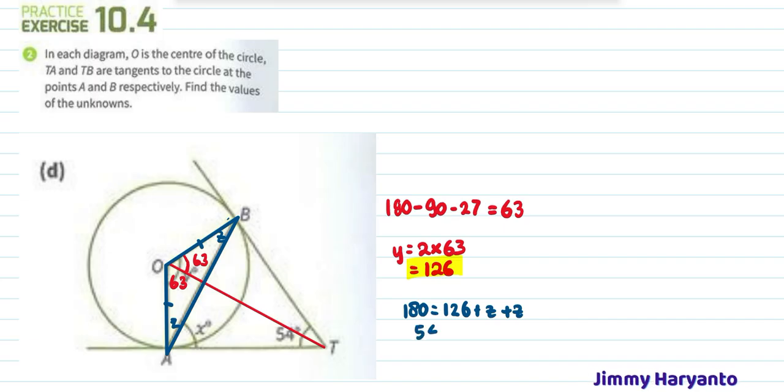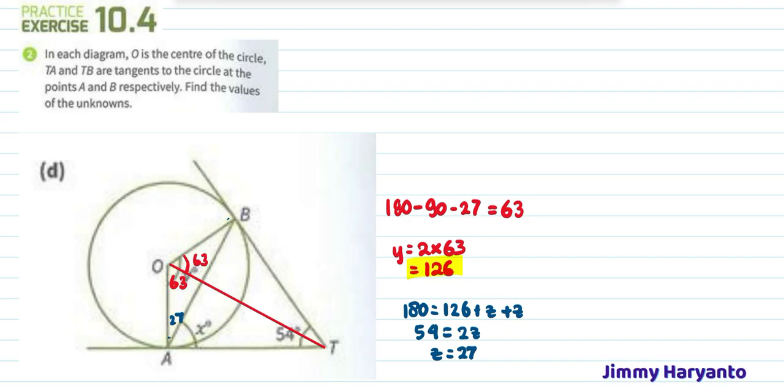So 54 equals 2z, z equals 27. So we already know that z equals 27. To find the x, we only have to use this tangent. It will give us 90 degrees. That means the x will be 90 minus 27. X equals 63 degrees.